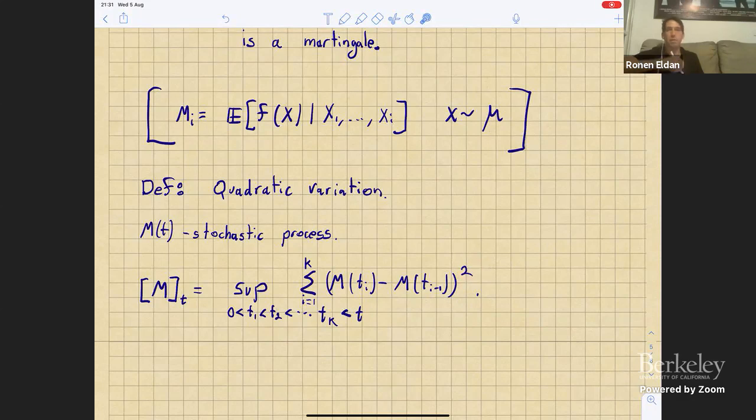I look at the sum of the squares of the differences of M.